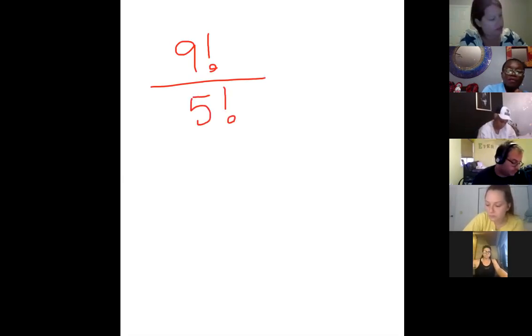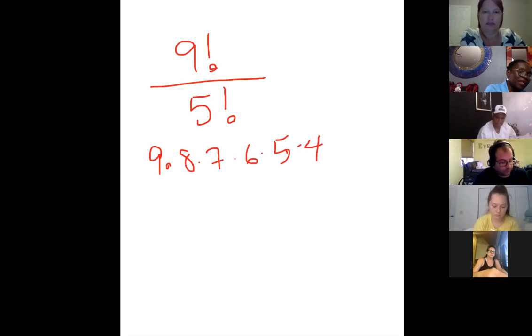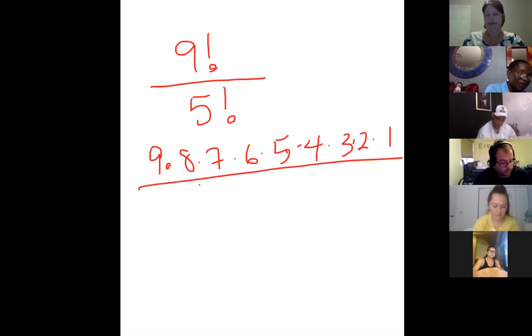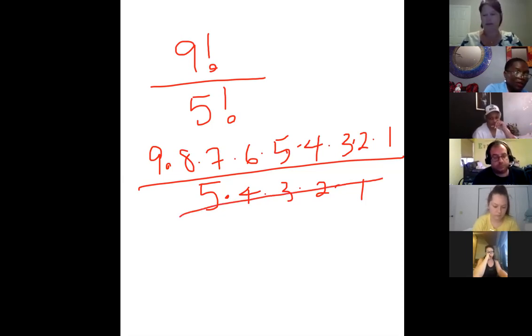Remember, 9 factorial represents 9 times 8 times 7 times 6 times 5 times 4, 3, 2, and 1. The 5 factorial represents 5 times 4 times 3 times 2 times 1. What I want you to notice is that the numbers in the denominator repeat in the numerator, so they would cancel each other out.